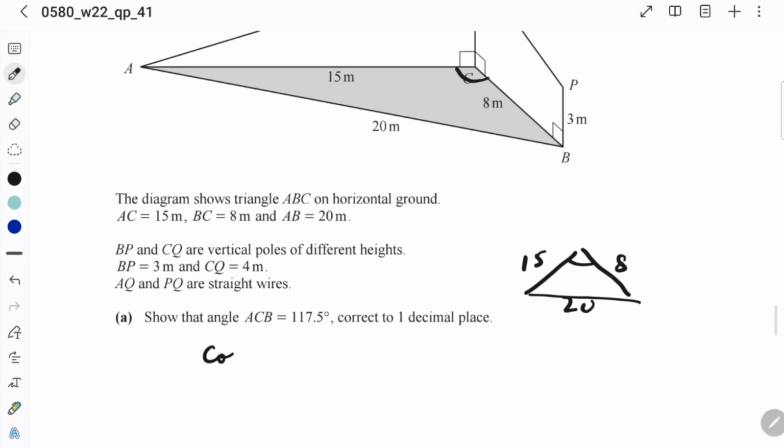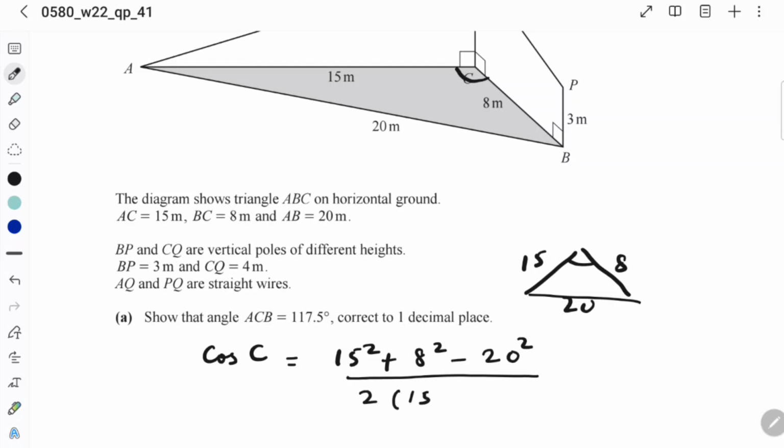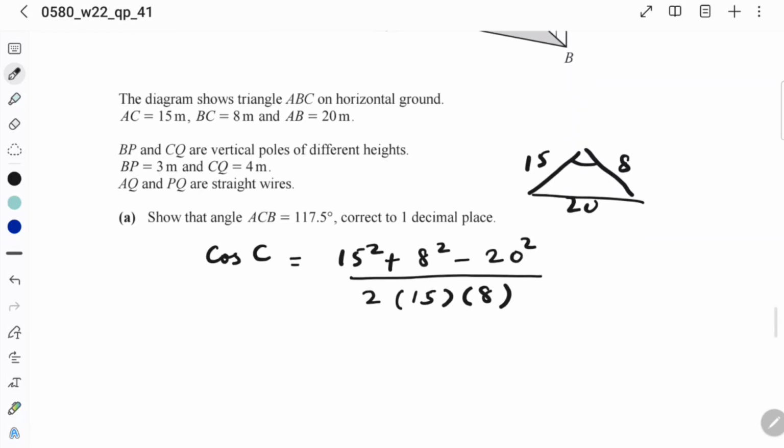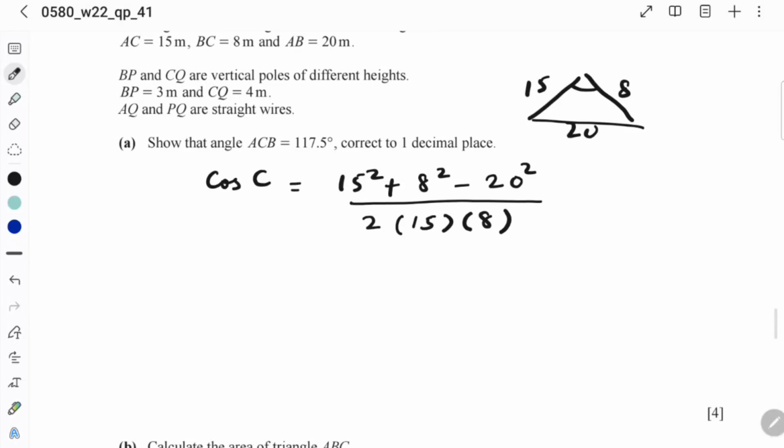Cos of C is equal to 15 square plus 8 square minus 20 square divided by 2 times 15 times 8. All the lengths are in meters here. Now whenever you find this, then calculate cos inverse. I'm not doing everything, you do it by yourself. So C is cos inverse of 15 square.